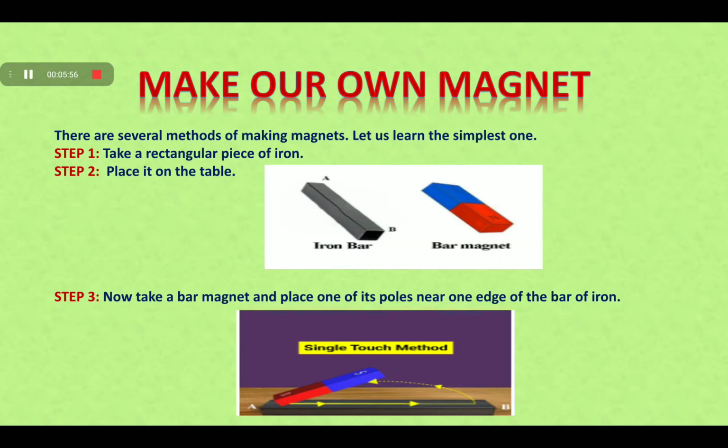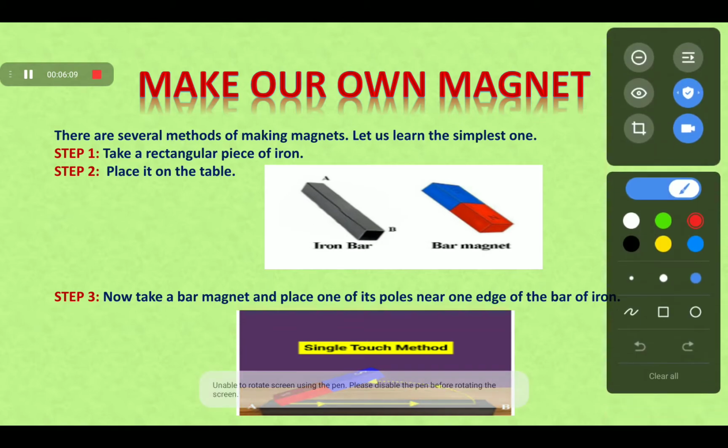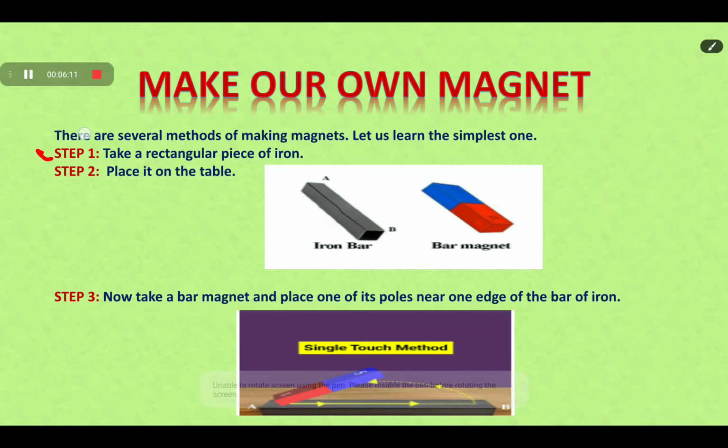Now, in the next slide, we have to make our own magnet. There are some steps written here. Firstly, we have to take a rectangular piece of iron, and the ends of the iron bar are marked as A and B. Now, the second step is that we have to take a bar magnet.